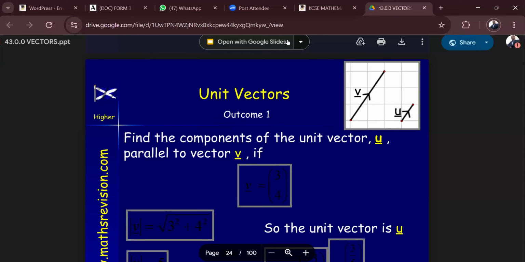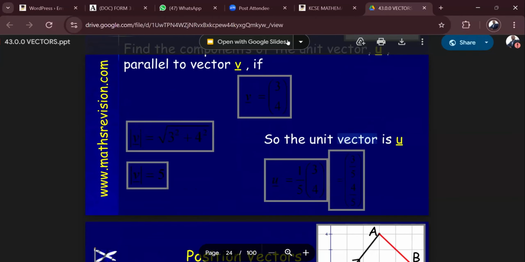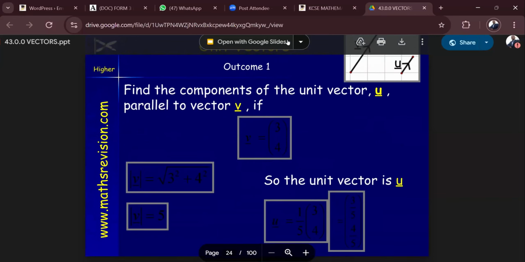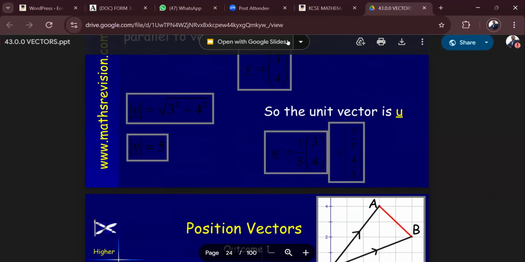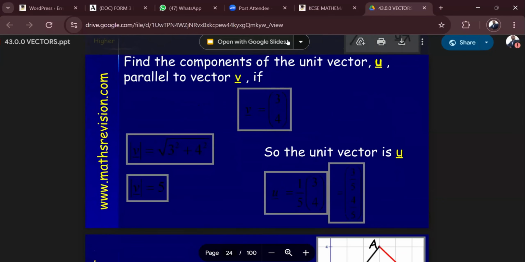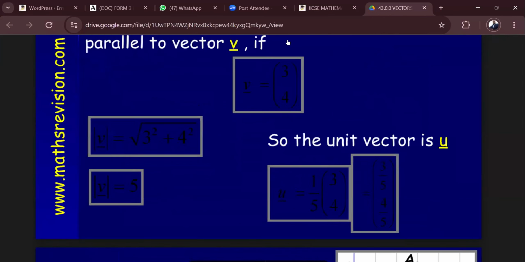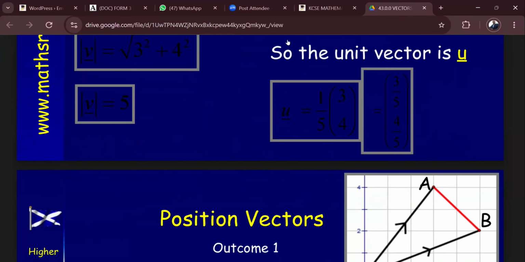That's why in vectors you'll find yourself with a vector like 3I plus 4J, because we are taking I to be our unit. We had talked about the magnitude, the modulus, of that kind of vector.